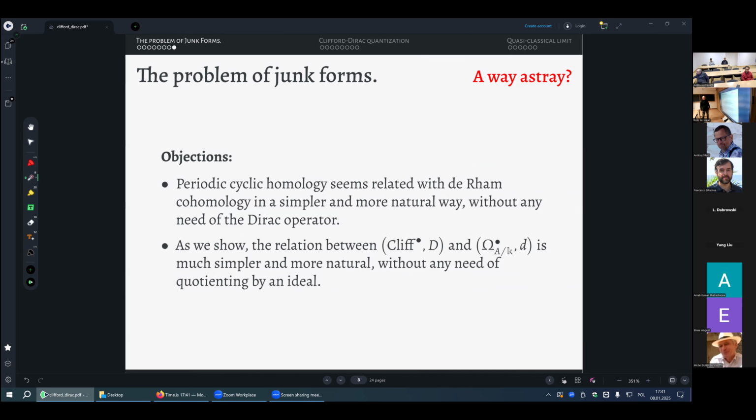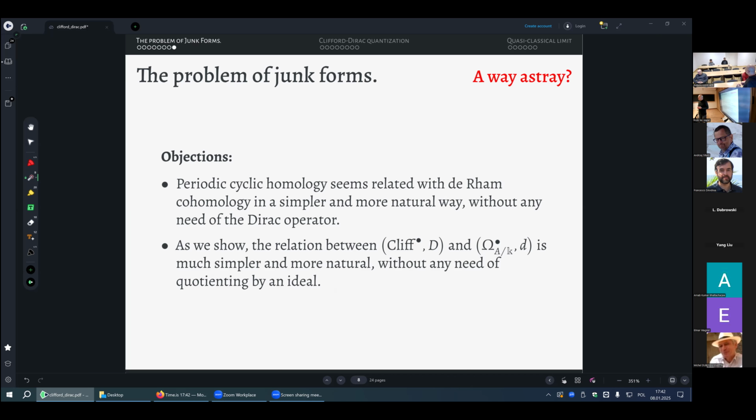Besides this example, you do have some more fundamental objections to all this ideology. So the first objection is this. We know that the periodic cyclic homology is related to the de Rham homology, but in a much simpler and more natural way, without any need of the Dirac operator.